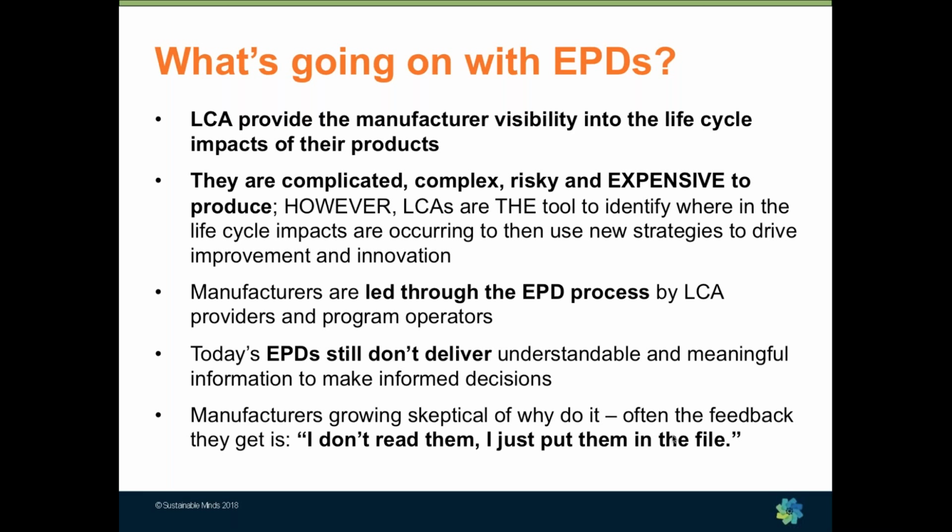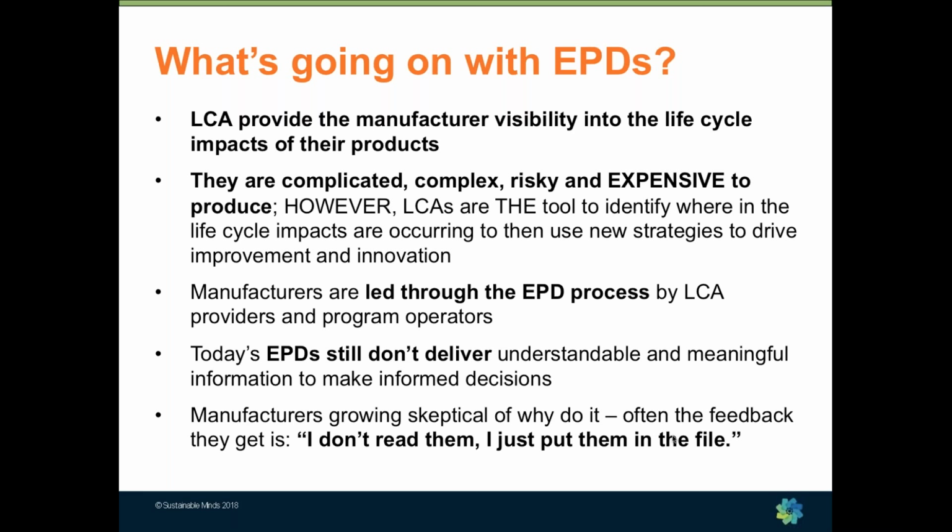And now what we're hearing, and the data will show, we'll be producing another trend report at the end of 2018, there's been a significant slowdown in the creation of EPDs compared to 2017, but I might call 2017 a banner year for EPD production. But there's a growing skepticism within manufacturers because of what we just covered.